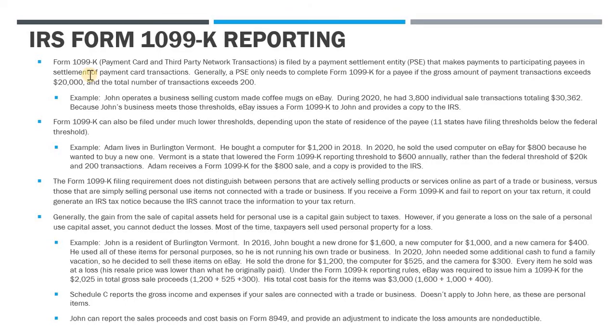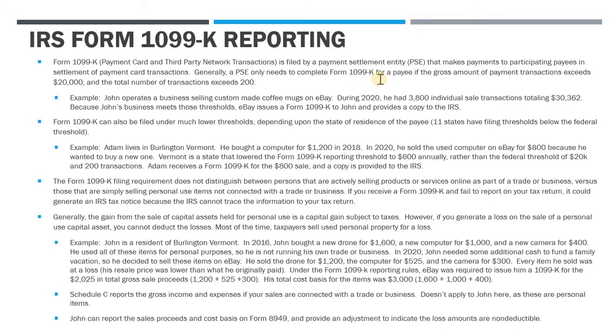So just starting with the basics, what's the 1099-K? It's a payment card and third-party network transaction form that's filed by payment settlement entities. So in effect, what this means is that if you are selling stuff and you have payments being processed through a platform like eBay or PayPal, the payment settlement entity's got to provide you a 1099-K, which shows the gross amount of payment transactions processed to you as a payee during the year.